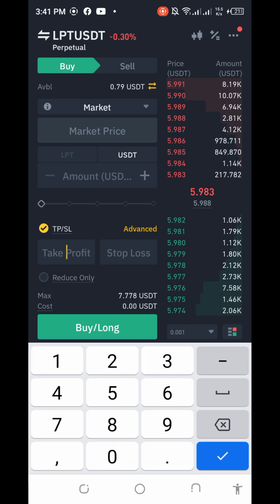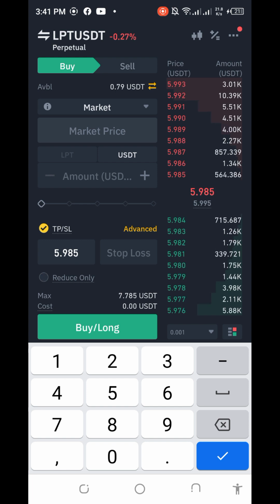Now, if I want to set my take profit on that, I entered the market at 5.977. Now I want to take profit at 5.985.